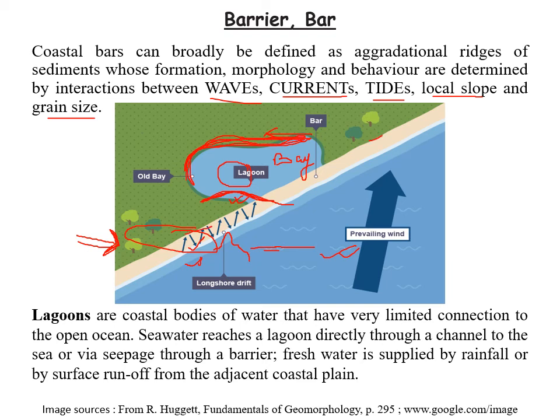So, as you can see, when the waves come to these coastal areas, there will be wave refraction. So, different parts of the wave hit at different times. Now, due to this there is an elevation difference in the coastal area. So this portion, the beach area, starts increasing from the two sides of the bay.